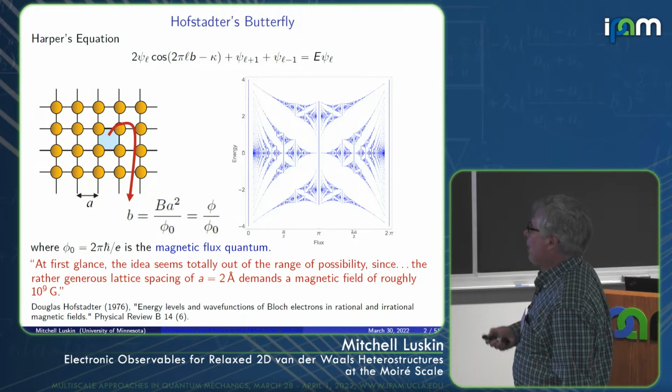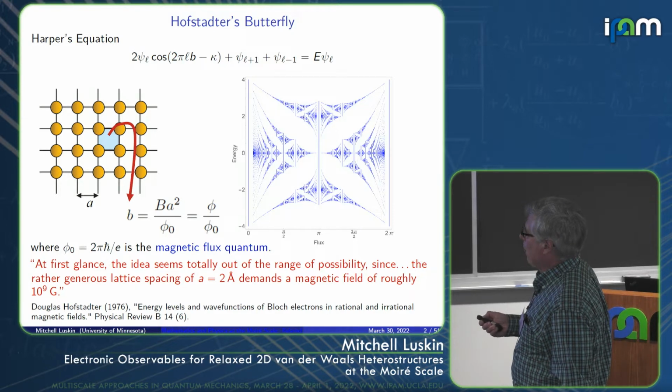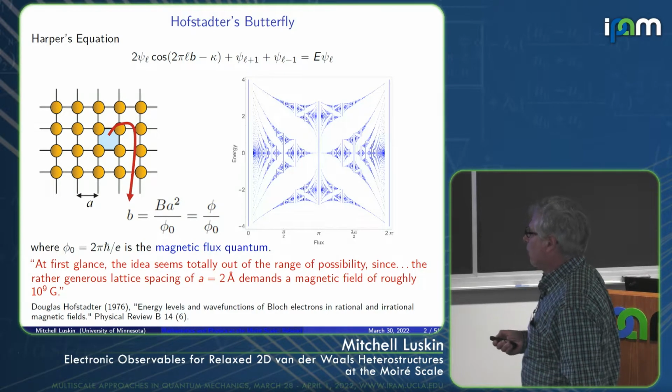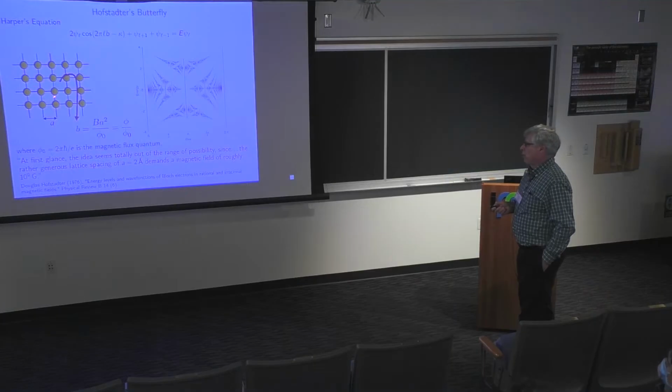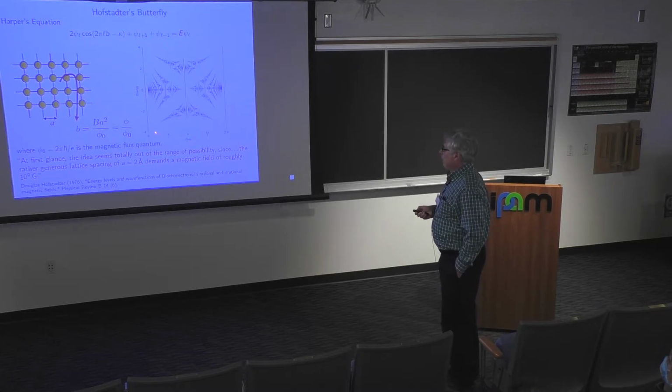You assume some periodicity in, say, the y direction, and you have a parameter, which is a magnetic field transverse to the material. Hofstadter actually put this on a computer in the old days, which was very difficult, and he noticed this very strange structure.